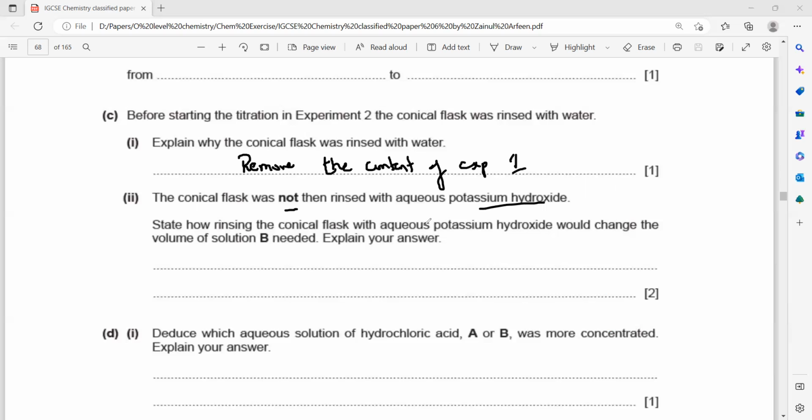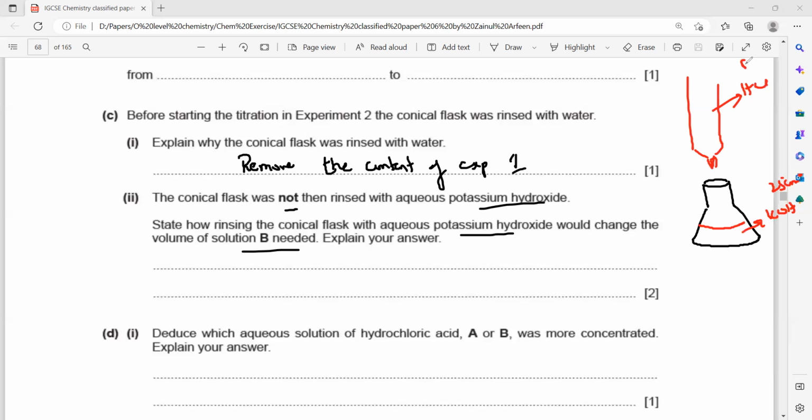State how rinsing a conical flask with potassium hydroxide changed the volume of solution B needed for the experiment. Look, the volume will not be on the scale, as there will be residue left if we rinse it. For example, say we had 25 cm cube of potassium hydroxide and we titrated with solution B, HCl, of which we use about 19.8 cm cube.